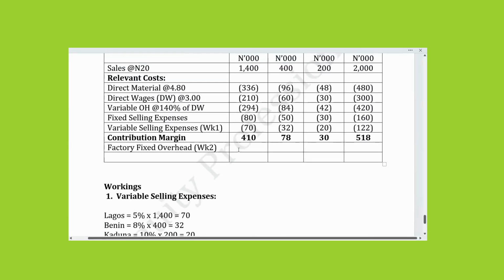So I will then come here, working number 2. The share of Lagos is 280,000, 80,000 for Benin, then Kaduna is 40,000. The total fixed overhead is 400,000. So the difference would then be net profit or loss.